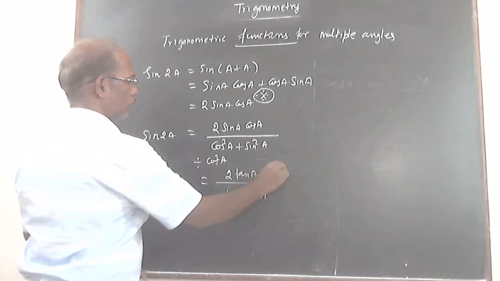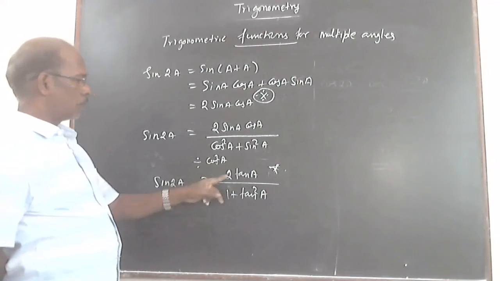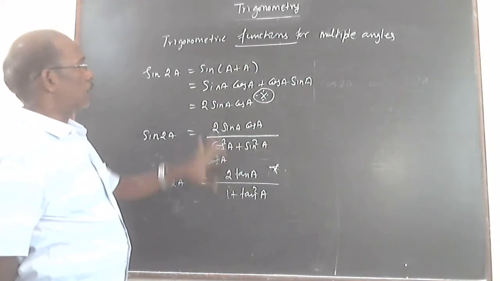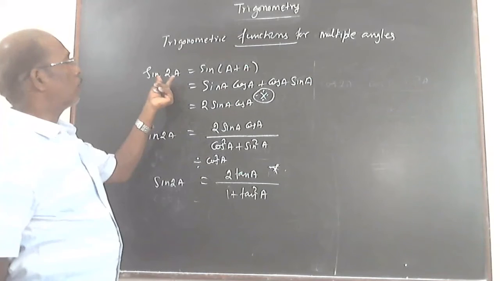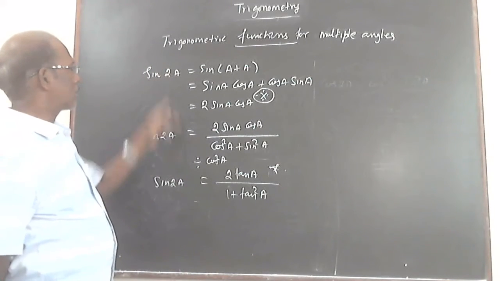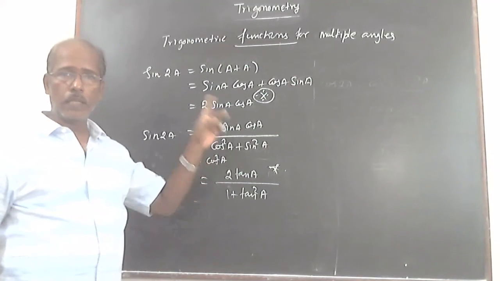This is another important conversion: sin 2a in terms of tan is 2 tan a by (1 plus tan square a). This is for the multiple angle 2a; cos 2a we discussed, and now we have discussed sin 2a. Now we are going to discuss tan 2a, and copy it.